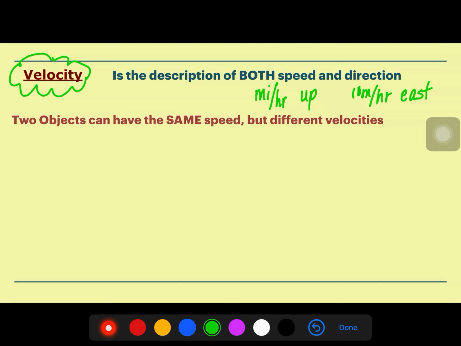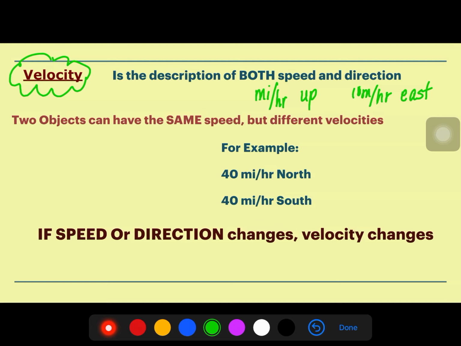When will it get to Cleveland? Well, depends on its velocity, right? The direction. Someone could be going 40 miles per hour north, and that would get you to Cleveland. Or they could be going 40 miles per hour south. So the velocity there is different.